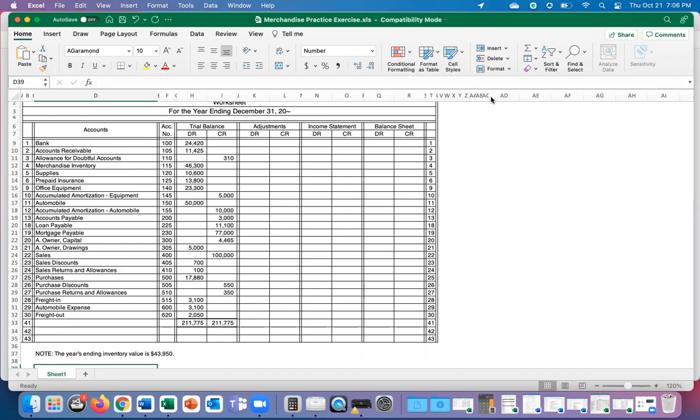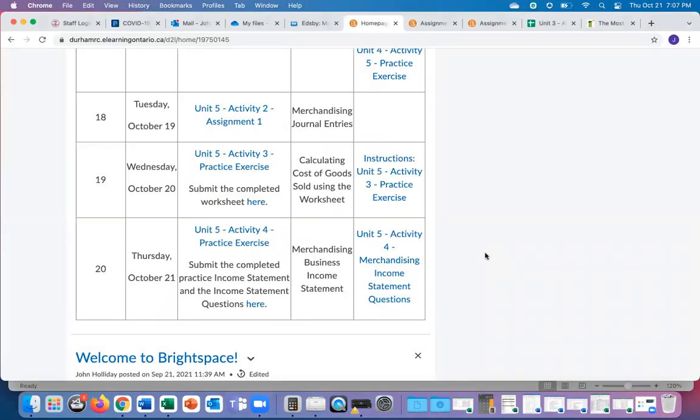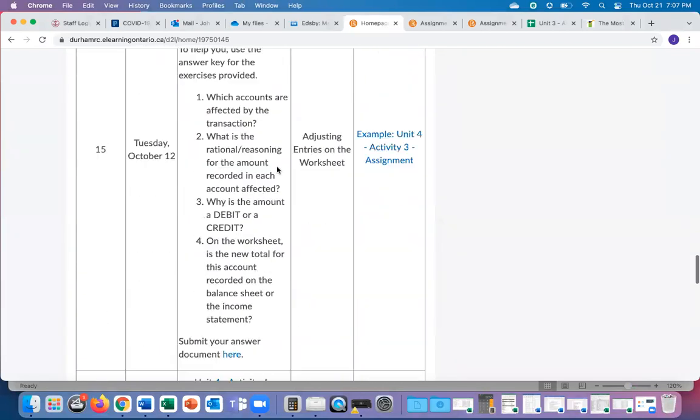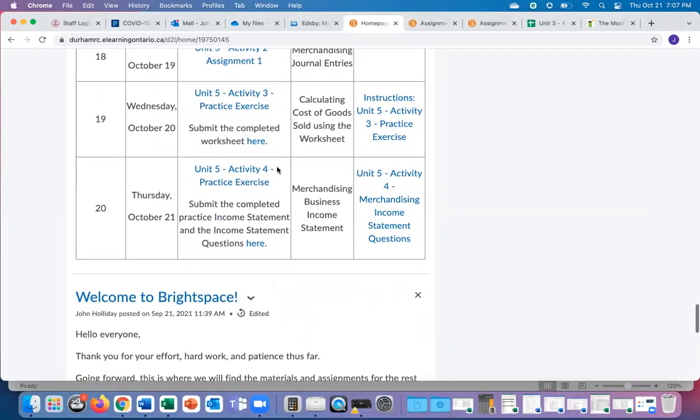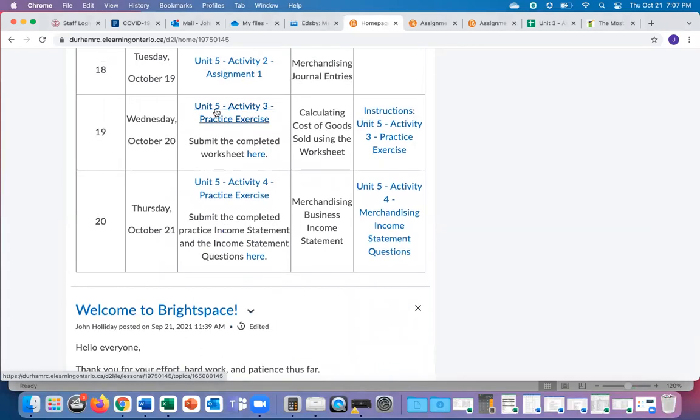The other thing that's going to be helpful to you is I wrote step-by-step instructions for how to do what we're going to do here and put them in a Word doc and made them available to you on the course homepage. If you go to your list of assignments and scroll down to this particular one for Unit 5, Activity 3, this practice exercise, in the far right column you're going to find a link to the Word document that I'm talking about.